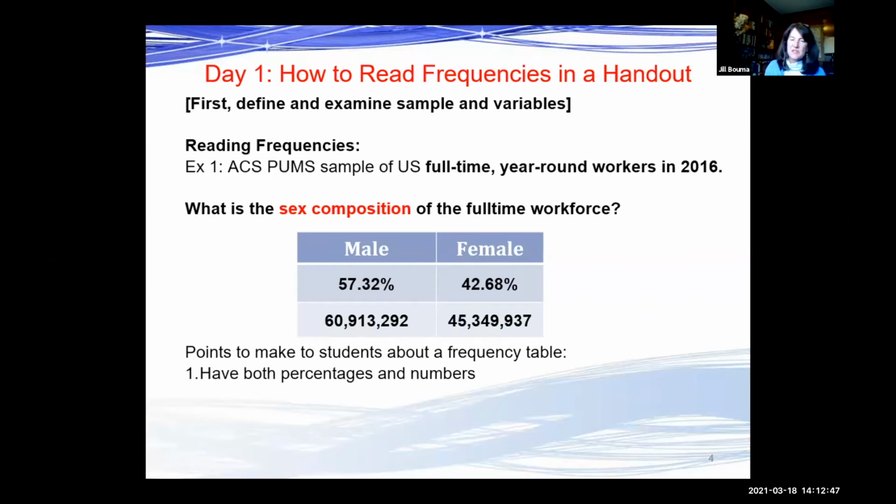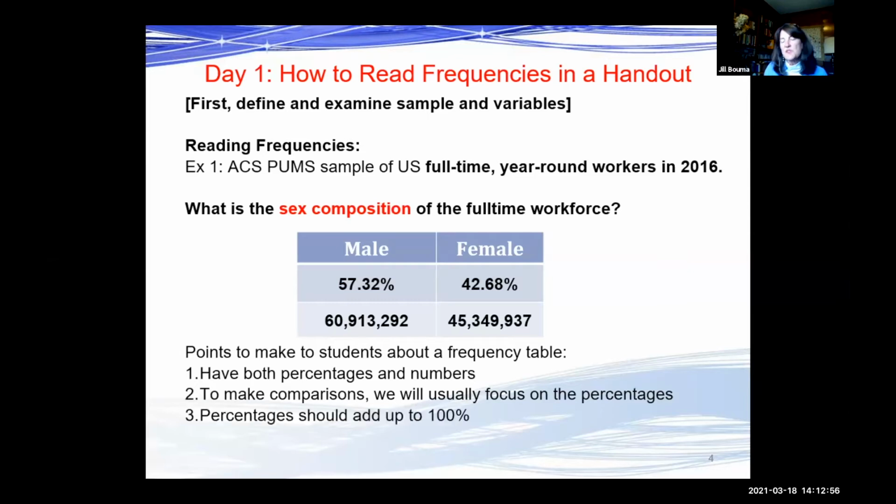Why would we want to use percentages to make comparisons? And then I'll say, well, because we don't have the same number of men and women, and we'll talk a little about that. I also point out that percentages should add up to 100%. And again, I know this seems very simple. This is for a 100 level class, but these are common problems that come up. And that they have to understand the base, that this is all full-time year-round workers.